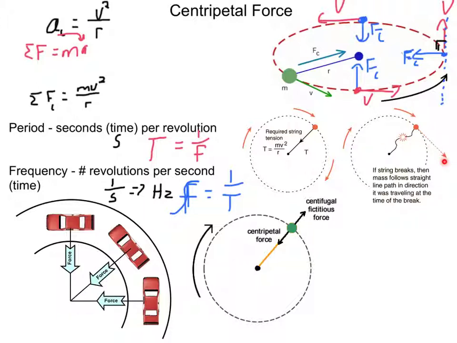Now, centripetal force isn't just some magical force, it's a force that's made up of other forces, right? Things provide a centripetal force. So for a ball on a string, the centripetal force is provided by the tension of the string. So you can actually say the tension of the string, which is your centripetal force, equals mv squared over r, aka tension is what got substituted in for the centripetal force.